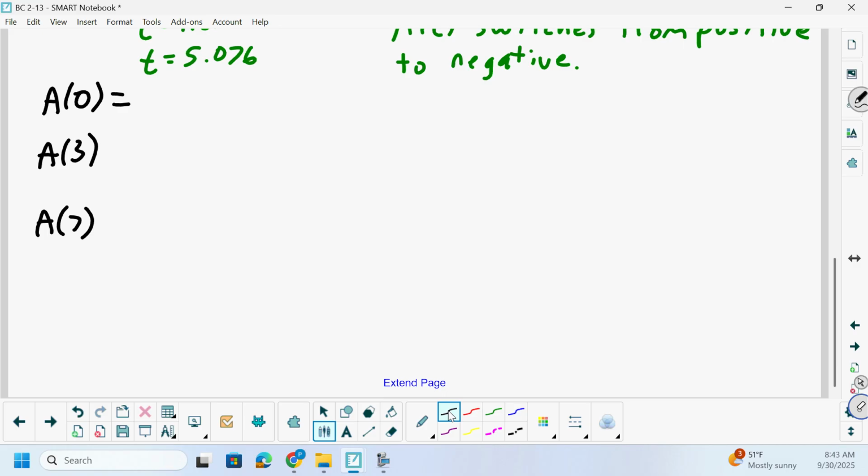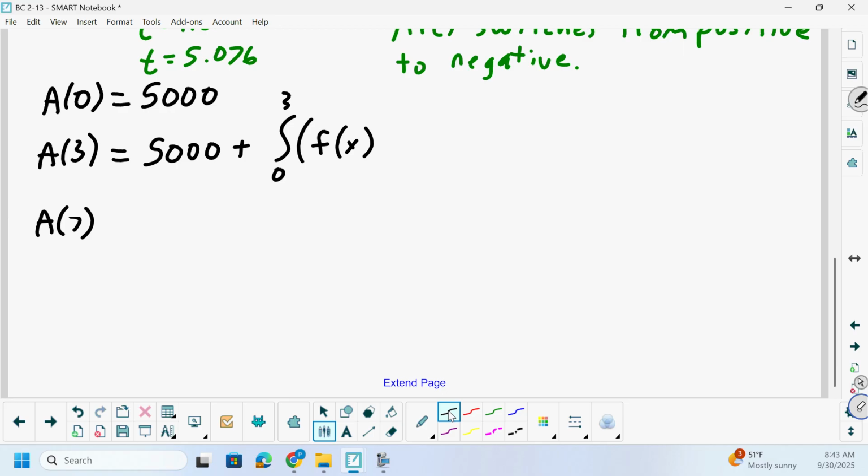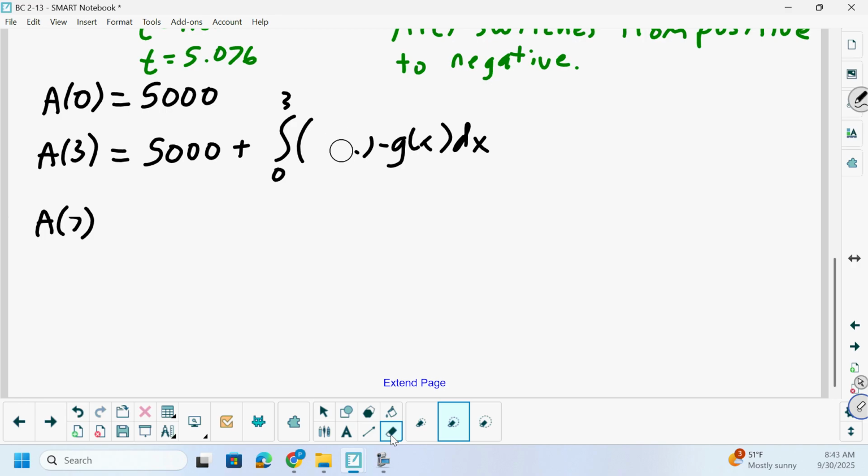A of 0 is just our initial value. That was 5,000. A of 3 will be 5,000 plus the integral from 0 to 3 of f of x minus g of x. And actually, I'm going to go ahead and fill in the f of x and g of x now.